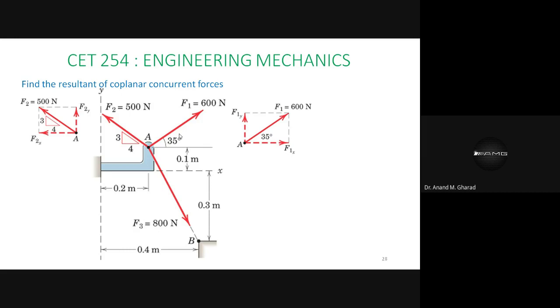So what do we do? We take the components of the inclined force in x direction and in y direction. This process is known as resolution of force. So finding components is known as resolution of force.